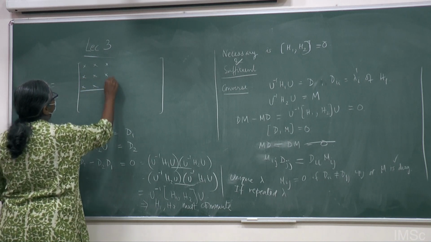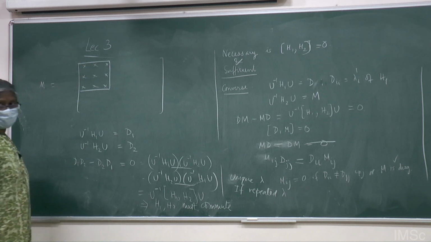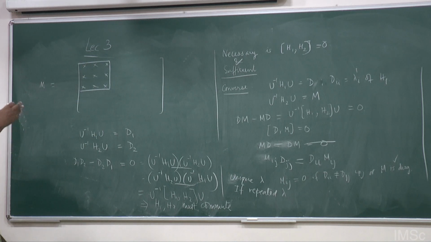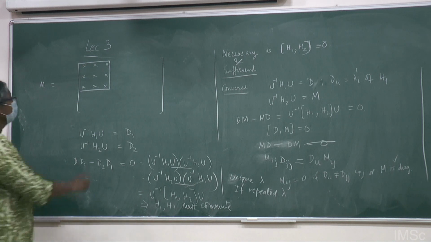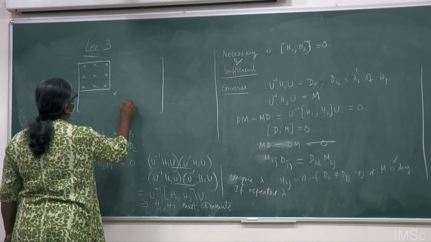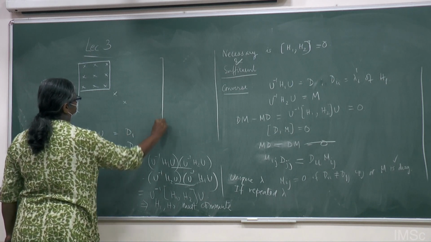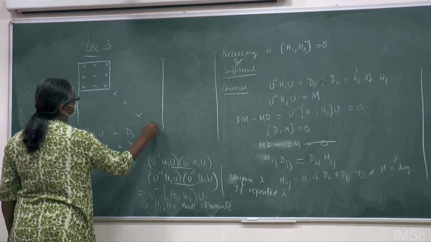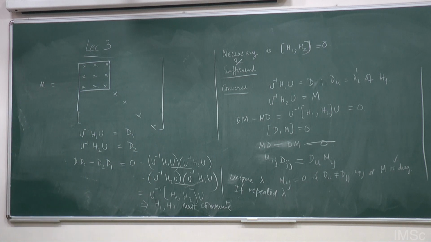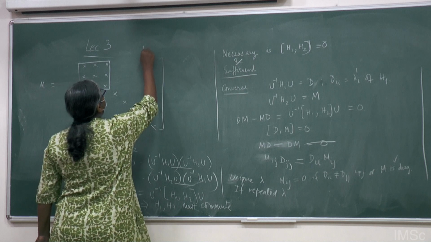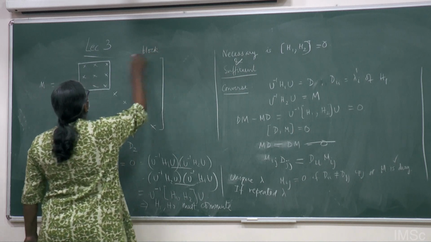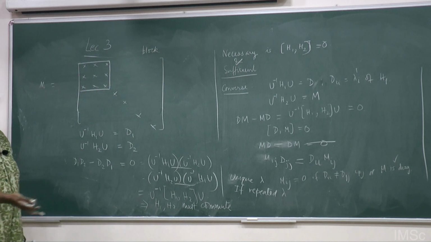So I will get a block like this. I will get a 3 by 3 block. Then let us say that all the other eigenvalues are different. So what will happen is that at worst M is block diagonal. This is block diagonal. So block diagonal means that you have blocks along the diagonal which may be greater than 1 by 1.